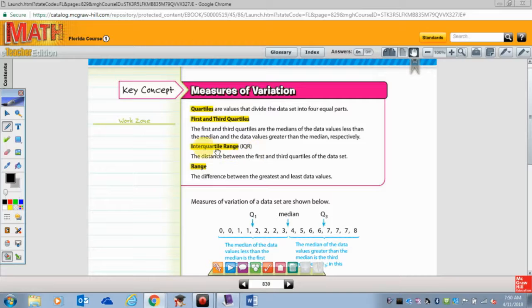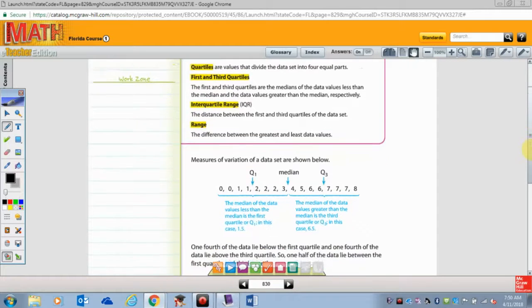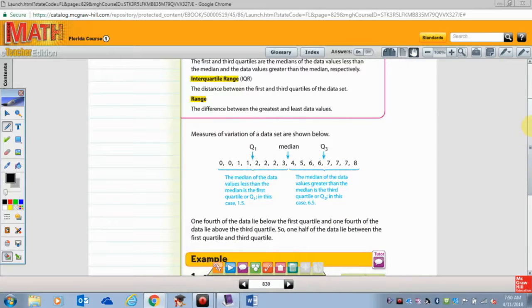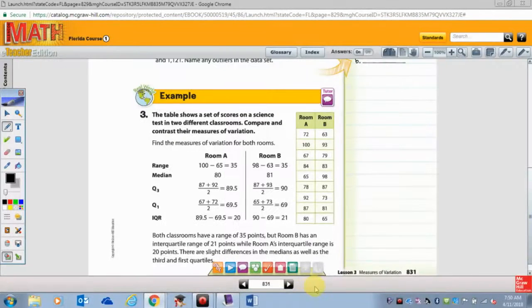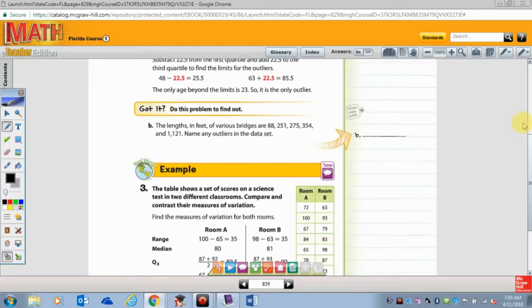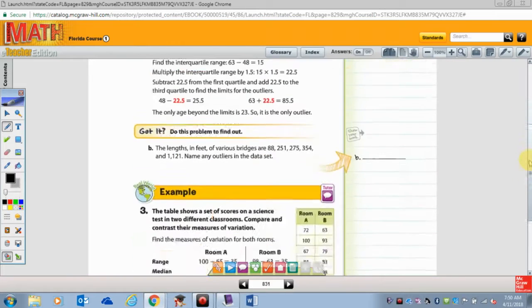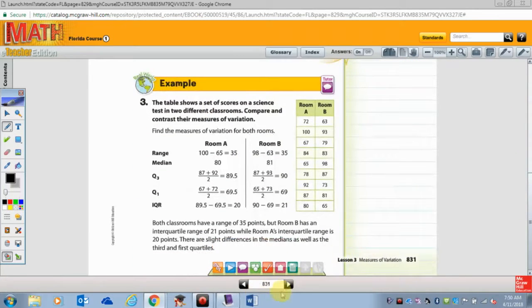These two right here, the interquartile range and the range, so that you make sure not to get them mixed up. So you don't have to write all four of them, you're just going to write interquartile range and range. And then the different steps are pretty simple. You just have to find the median, and then find the medians of the two new groups.